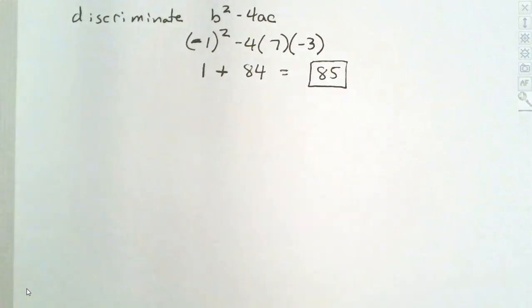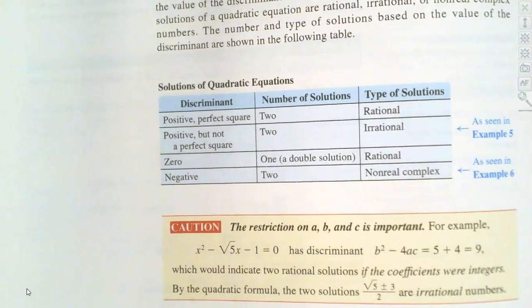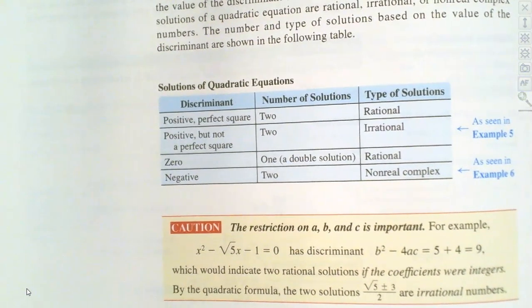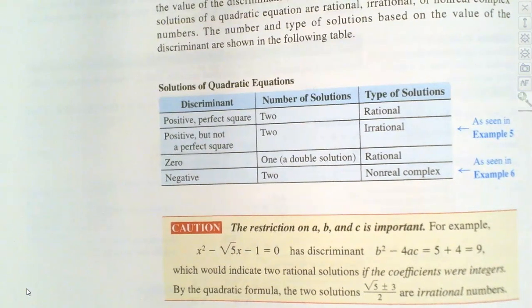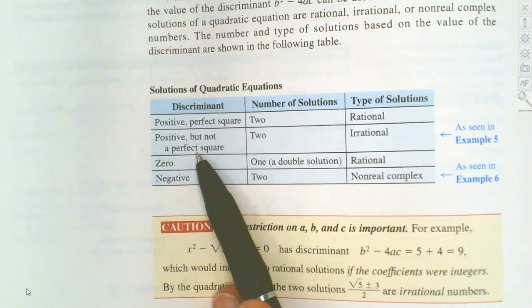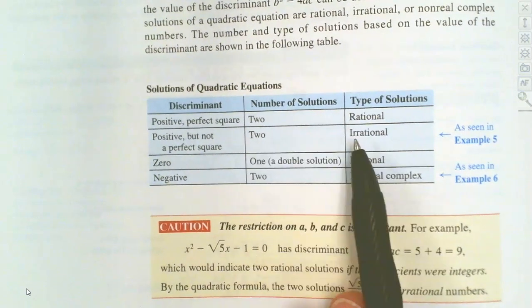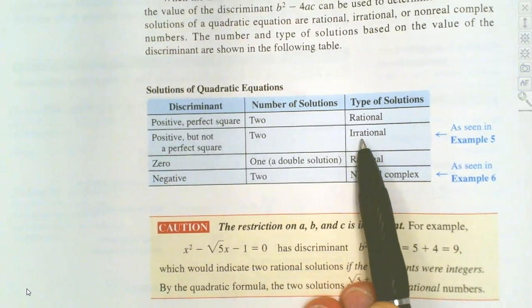Let's go to our table. And we know it's positive. Is 85 a perfect square? Use your calculator if you need to. No, 85 is not a perfect square. So it's positive but not a perfect square. So we would get 2 solutions, and they are what? Irrational, right? Let's read your table.